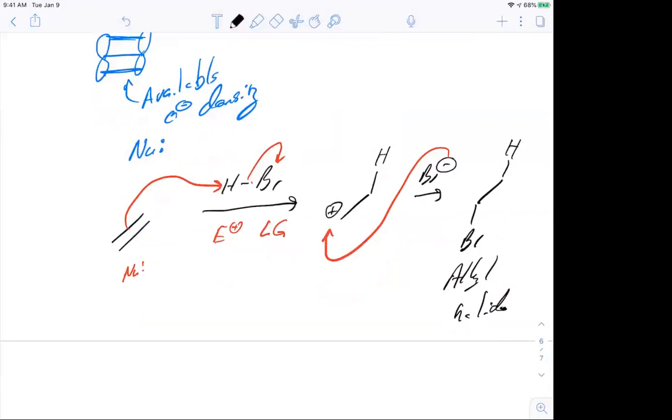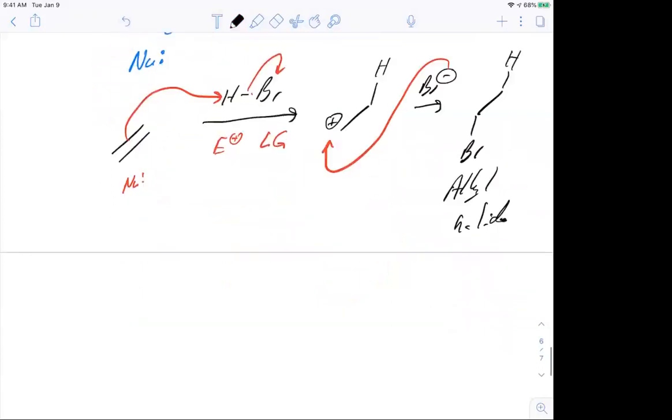So there's a few things here to think about. First, we're forming a carbocation. That's going to be a high energy species, and the carbocation is going to need some regioselectivity.